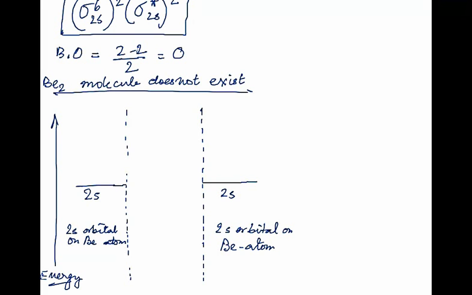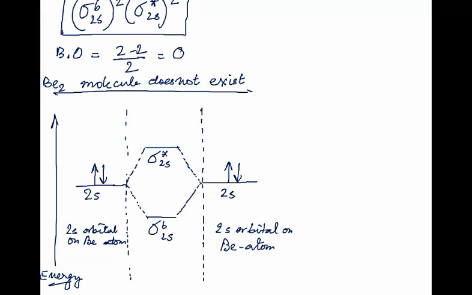This will give rise to two molecular orbitals. One is sigma star 2s and one is sigma bonding 2s. So one bonding and one antibonding orbital. The 2s level of beryllium atom contains 2 electrons, and so does the other. So on the whole there are 4 electrons in the molecular orbitals that have to be distributed.